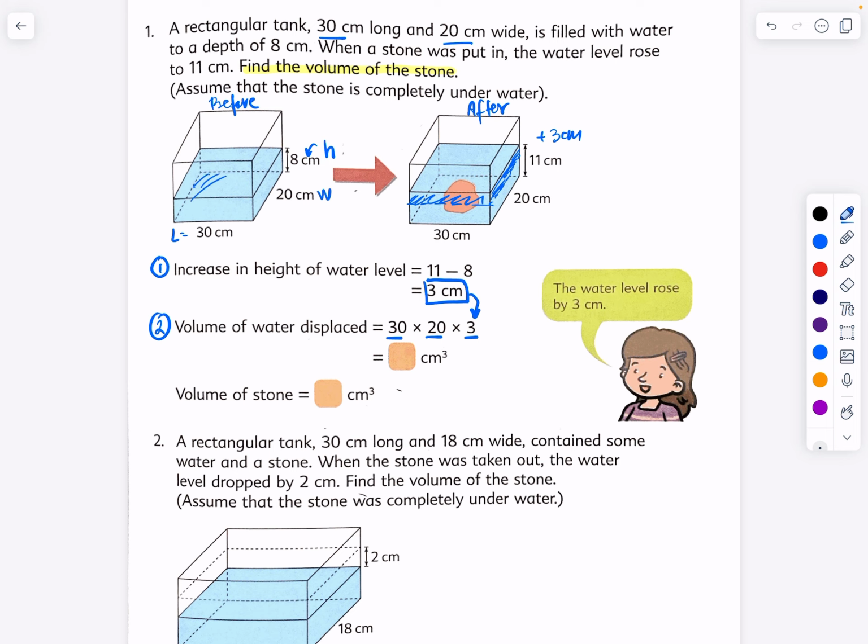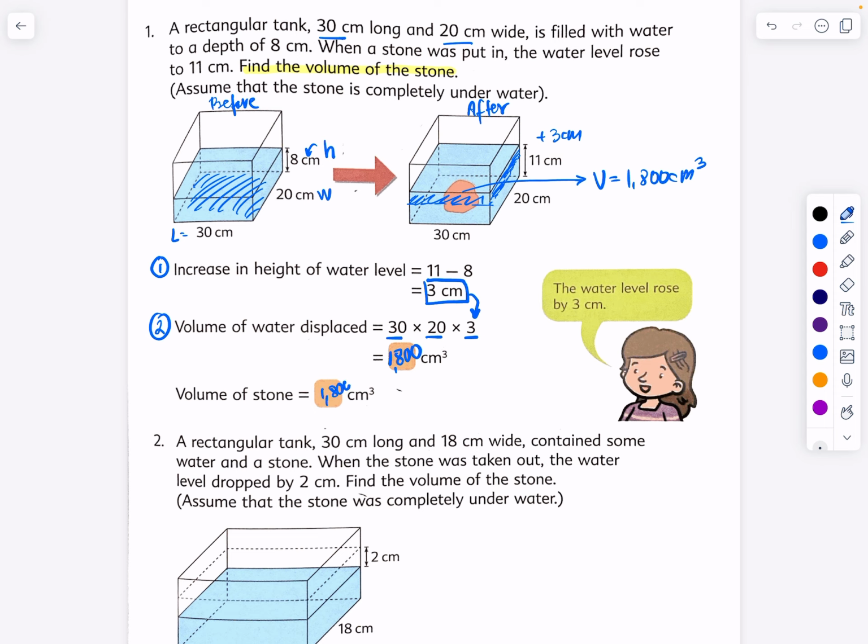The bottom face is 30 by 20, so it is 600 times 3, which is 1800 cubic centimeters. Therefore, we conclude that the volume of the stone is 1,800 cubic centimeters because that is the volume of displaced water.